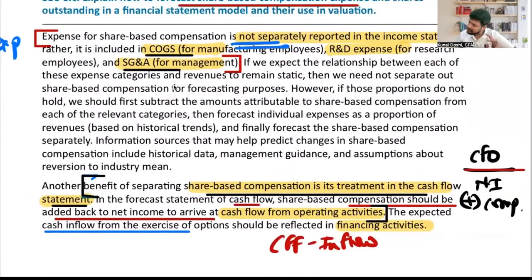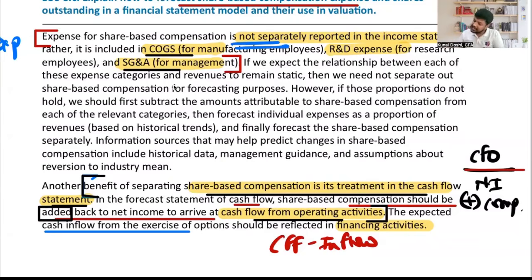In the forecast statement of cash flow, share-based compensation should be added back to net income to arrive at CFO. Why? Because remember, share-based compensation is given in the form of stocks, to equity shareholders. So it's a part of CFF, not a part of CFO. So if there was any compensation given and that was deducted, we need to add it back.